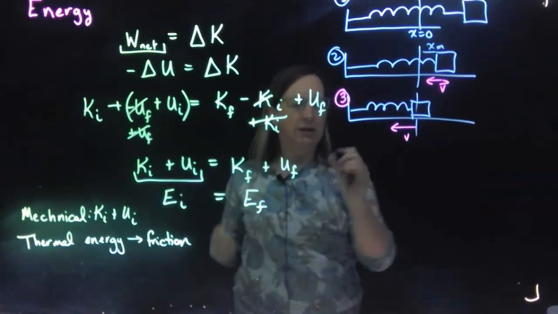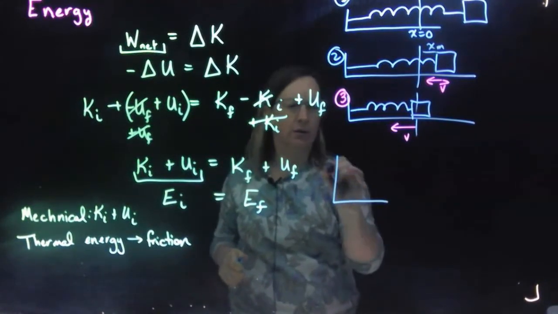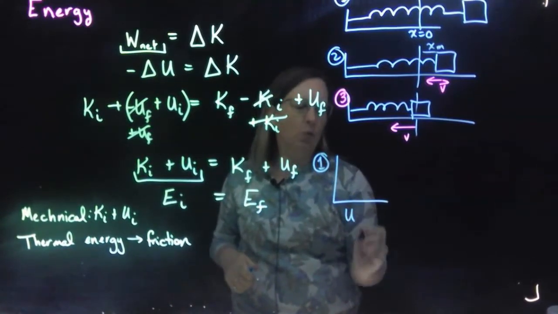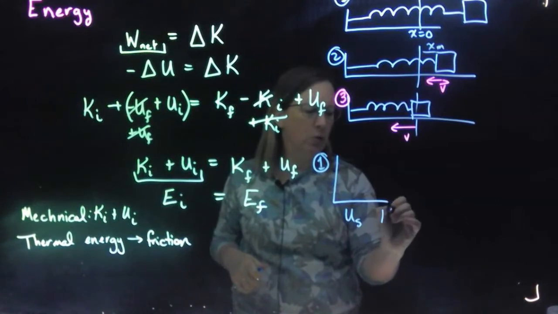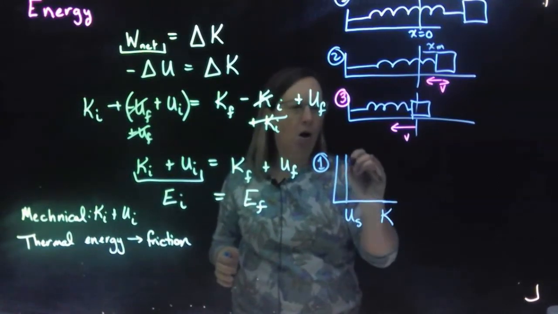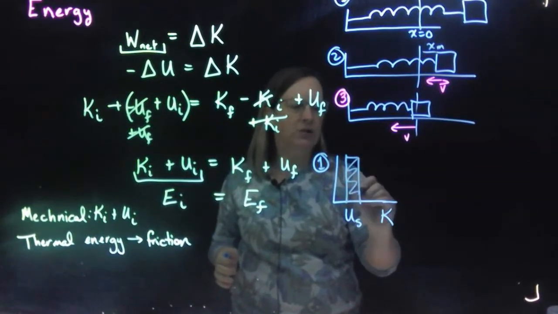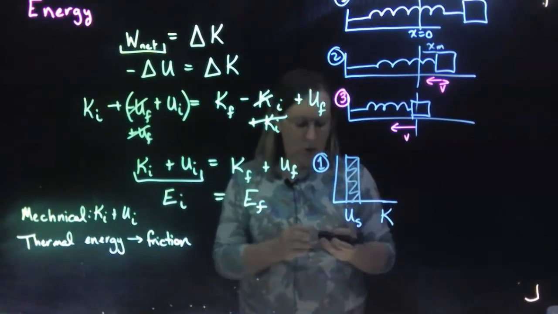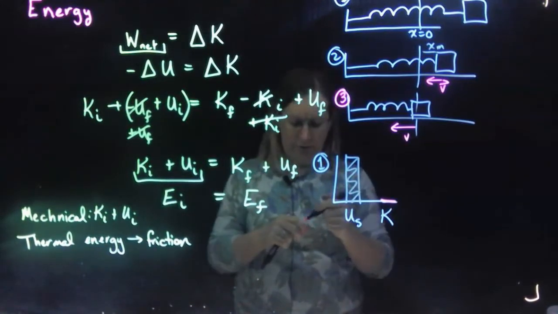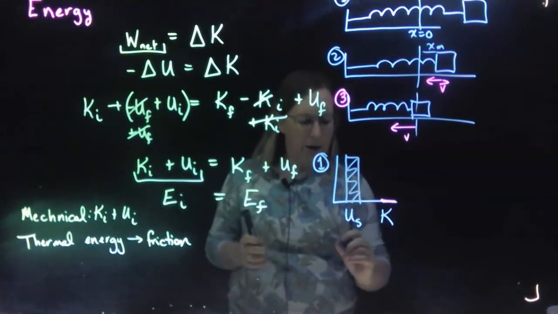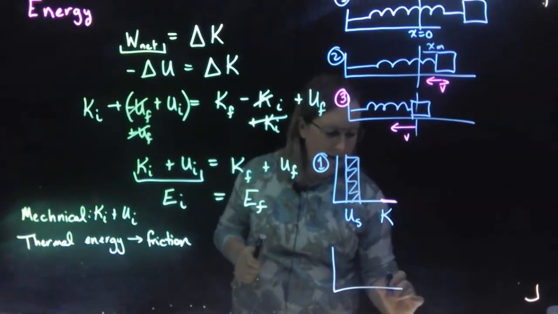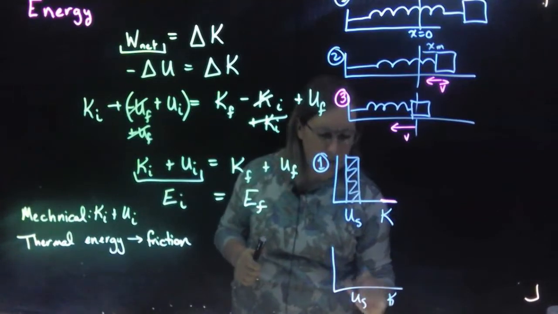If I look at position 1, I can write what my spring potential energy is and what my kinetic energy is. In position 1, all of my energy is spring potential energy and I don't have any kinetic energy. In position 3, we'll skip to the easy one, I have kinetic and potential.